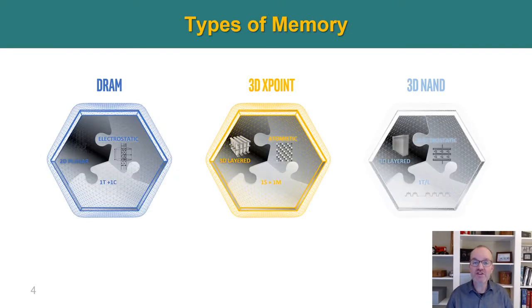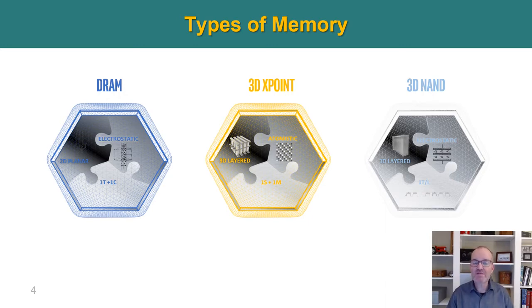We'll talk about three types of memory technology today: DRAM, 3D NAND, and then in the center, 3D XPoint. All very different memory technologies. To show you how different they are, let's talk about their three traits. DRAM and 3D NAND both store data electrostatically. 3D XPoint, actually the first new memory since the 80s, stores a 0 or a 1 in the bulk atomistic properties of the materials that make up the cell.